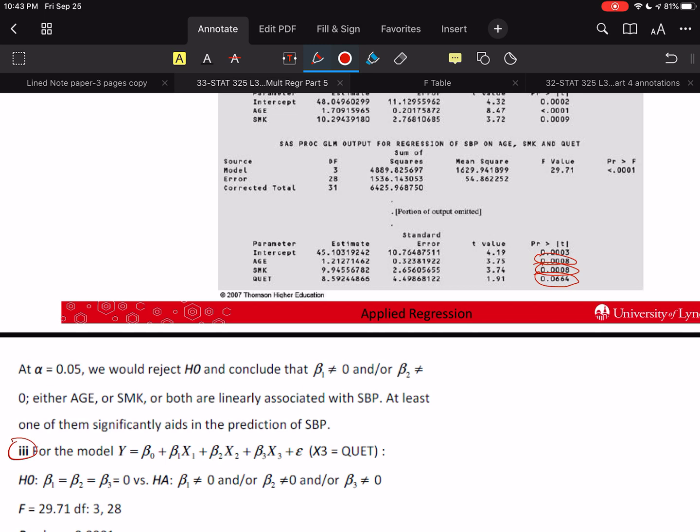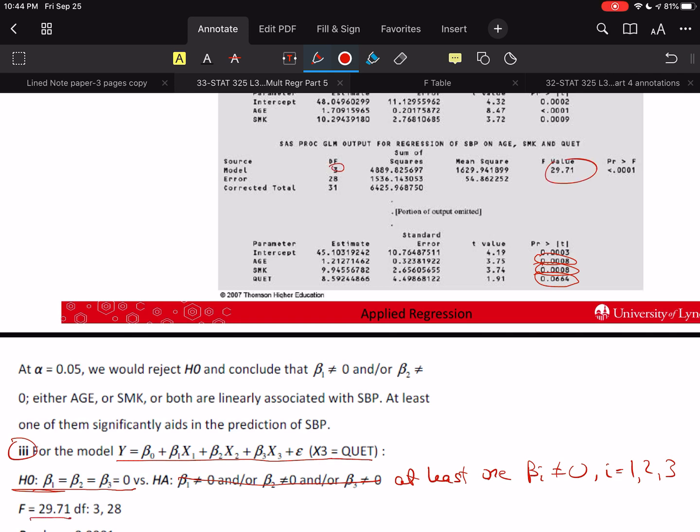Now, in the model with all 3 variables, where x3 is QIT, we write H naught: beta 1 equals beta 2 equals beta 3 equals 0 versus, and again, at least 1 beta i not equal to 0, i equals 1, 2, or 3. Okay? And here we have an F statistic of 29.71.